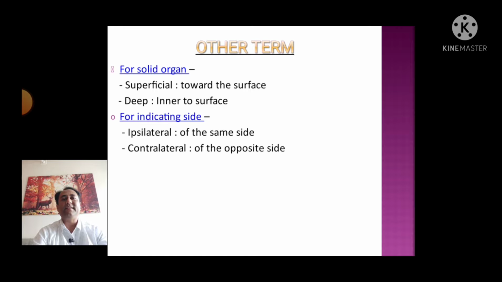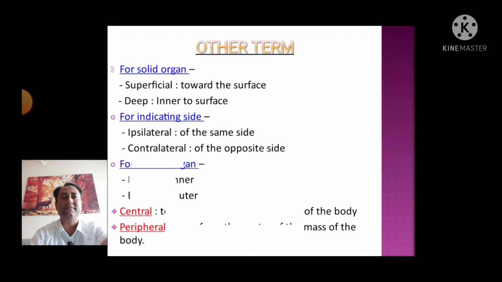For indicating the side, ipsilateral means of the same side and contralateral means of the opposite side. If both are on the same side, the term ipsilateral is used, and if both are on opposite sides, the term contralateral is used.